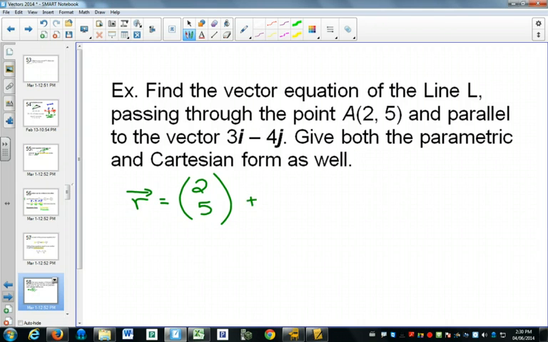And we know that it's parallel to this other vector. So does it make sense that our vector is going in the same direction? So the direction vector for this one will be 3 and minus 4.